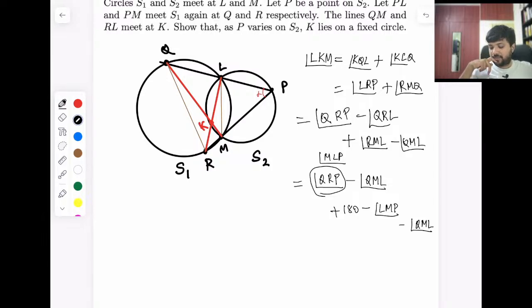Ah, okay. So that means the problem is not yet solved. So we are trying to chase angles and see why LKM is constant. The point is that if K is on a fixed circle, since L and M are fixed points in the problem, LKM must be a fixed angle.